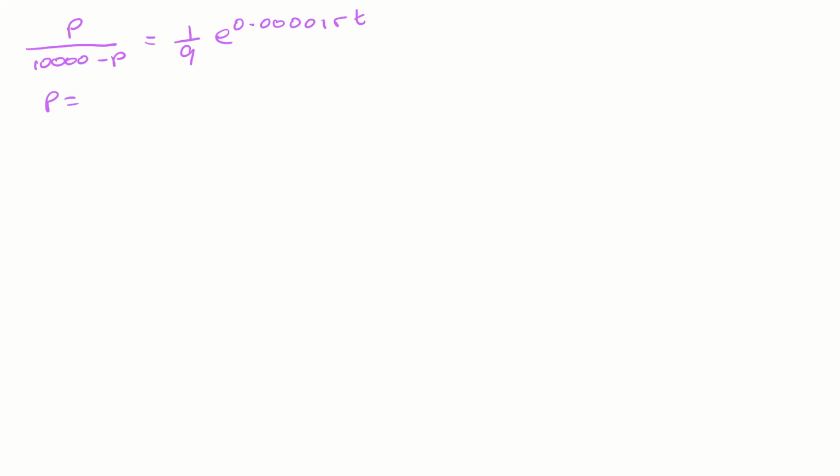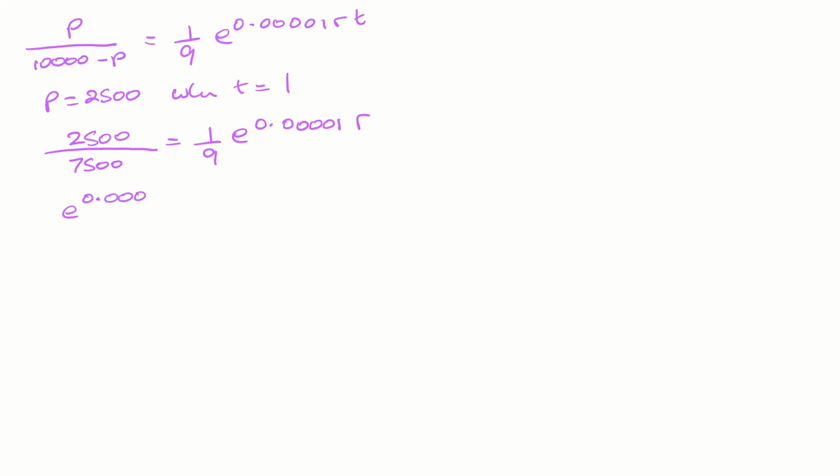We also know that P is equal to 2,500 when t equals 1. So that gives us 2,500 over (10,000 take away 2,500), which is 7,500, equal to 1/9 e to the 0.00001 r, which gives us e to the 0.00001 r is equal to 3.